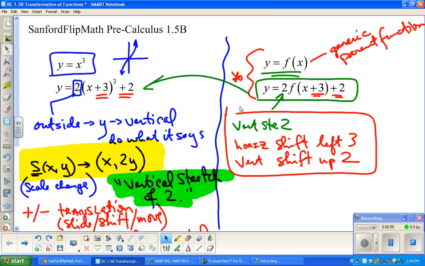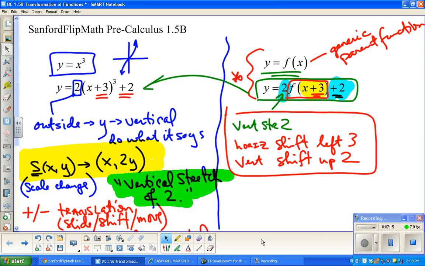I just need you to understand that there is an inside again, and there is an outside. So this is outside, this is outside. And in this case, the inside is inside that f of x notation.